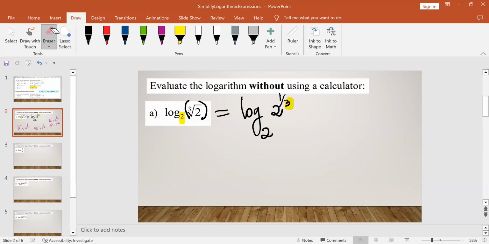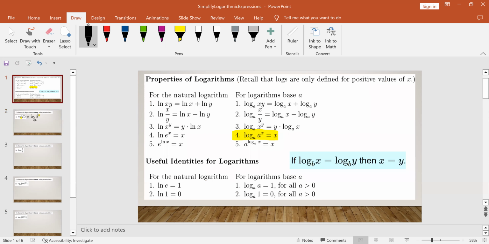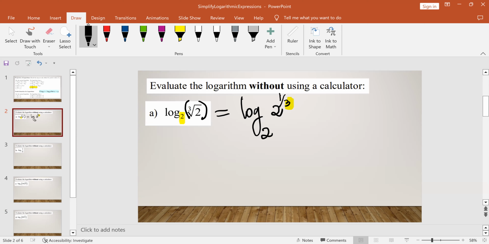We don't want to make this video too long, so let's focus on the exponent part, and we're going to simplify this easily. If you go back to the properties, property 4, the logarithm of a raised to x with base a equals x, that's the case I have here.